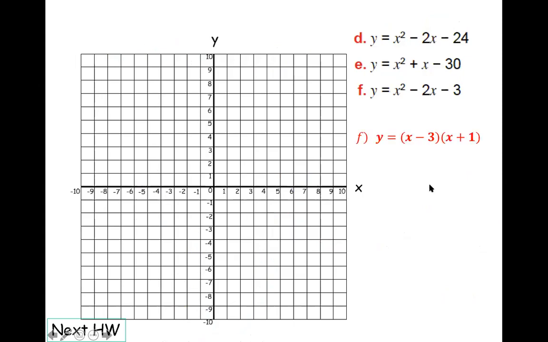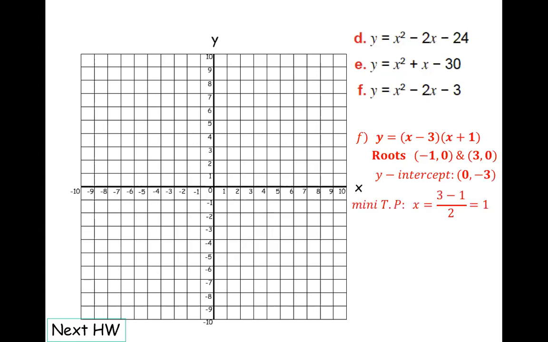For the last one, F, x squared minus 2x minus 3 factorized gives me the roots. Intercept when x equals 0, y equals -3. Turning point: x1 plus x2 divided by 2, and when x equals 1, 1 minus 3 is -2, times 2, -4.